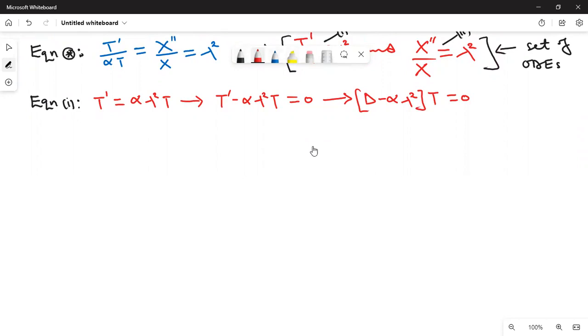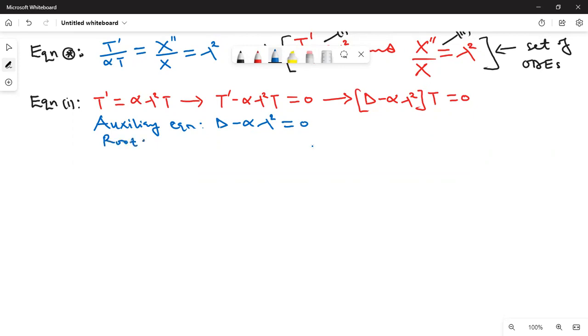So the solution, I don't need to write so many things because already I explained how to find the roots and the solution corresponding to t. So we can write auxiliary equation is d minus alpha times lambda squared is equals to 0. So what are the roots?